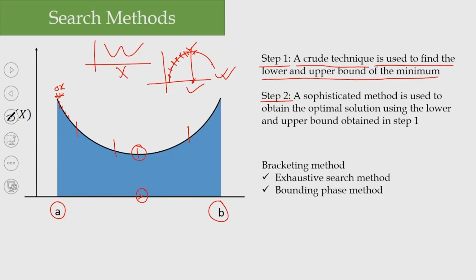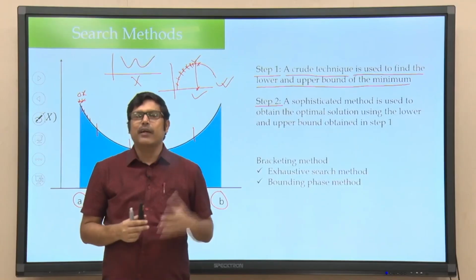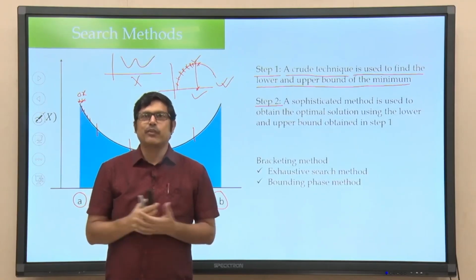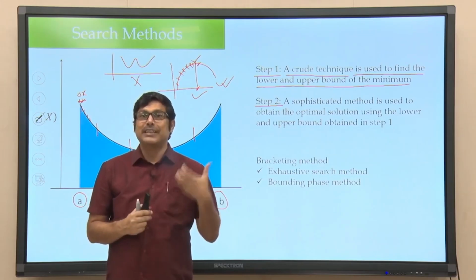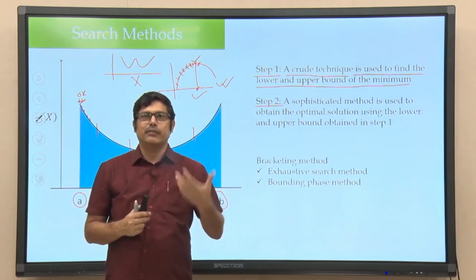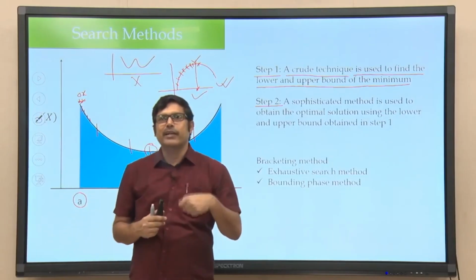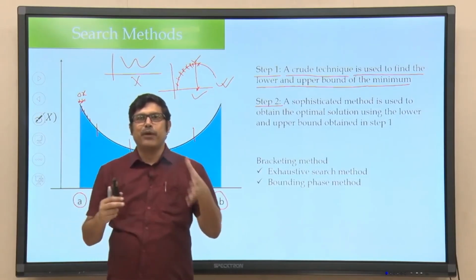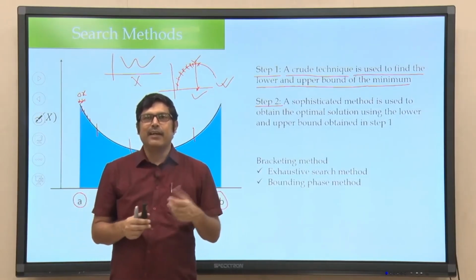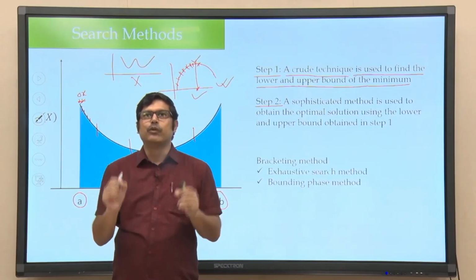In the first step I am applying a crude algorithm. It is not very sophisticated, but it is very efficient in terms of computational time. That means, with a very small number of iterations, I can bracket the optima. So, I can say that the optima is between these two points.